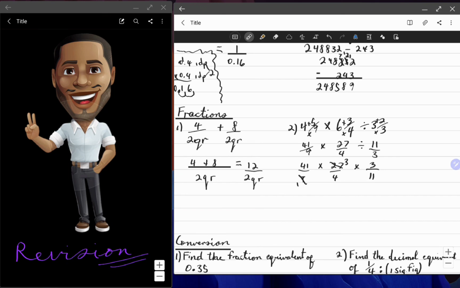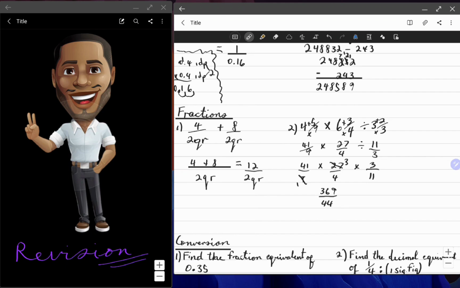No, nothing else can be simplified at this time. So then we'll have 41 multiplied by 3 multiplied by 3. Alright, and then 4 multiplied by 11. So that will in turn give us 369 over 44.